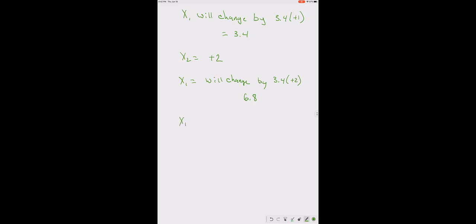So let's say x2 changes by negative 2 units. Then I put in 3.4 times negative 2, and I'd get negative 6.8. That would be the change. That's how you answer those questions about holding things constant.